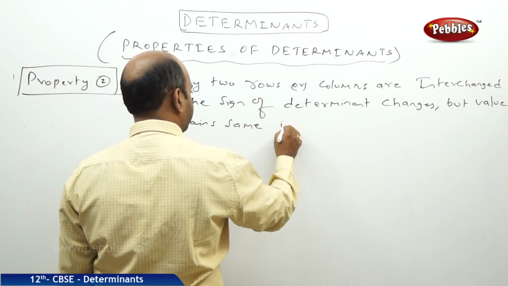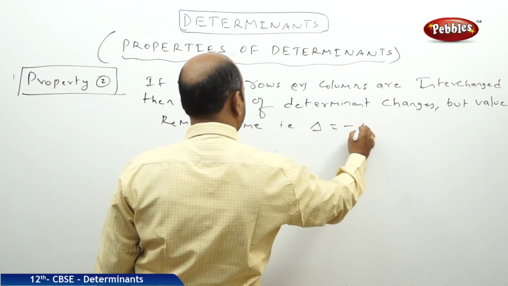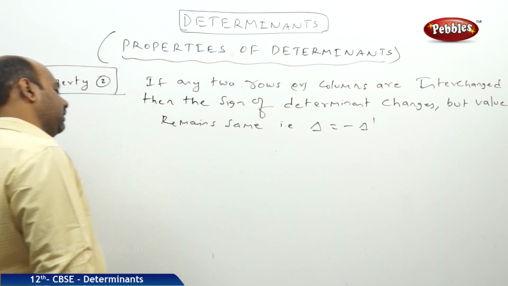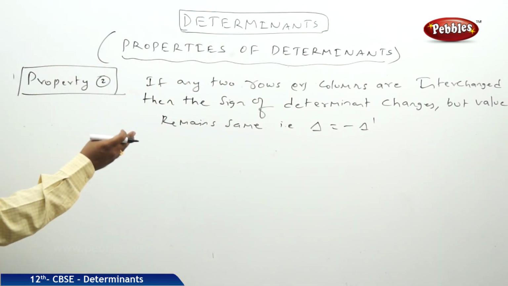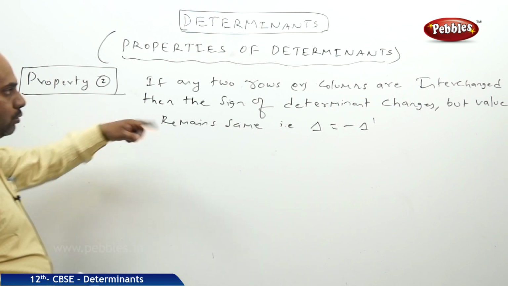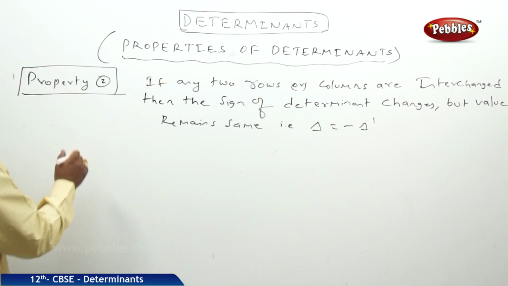That is, symbolically I can say delta is equal to minus delta dash. Delta dash is the new determinant obtained when two rows or columns are interchanged.